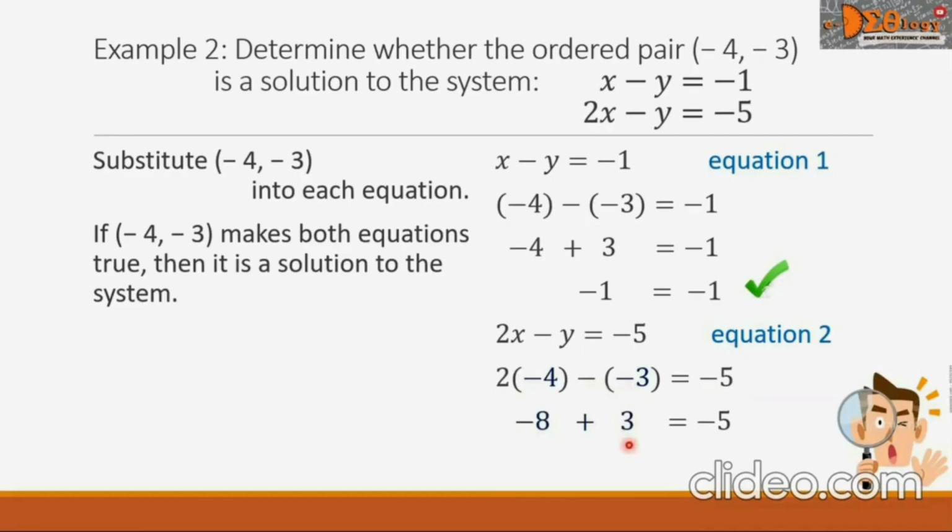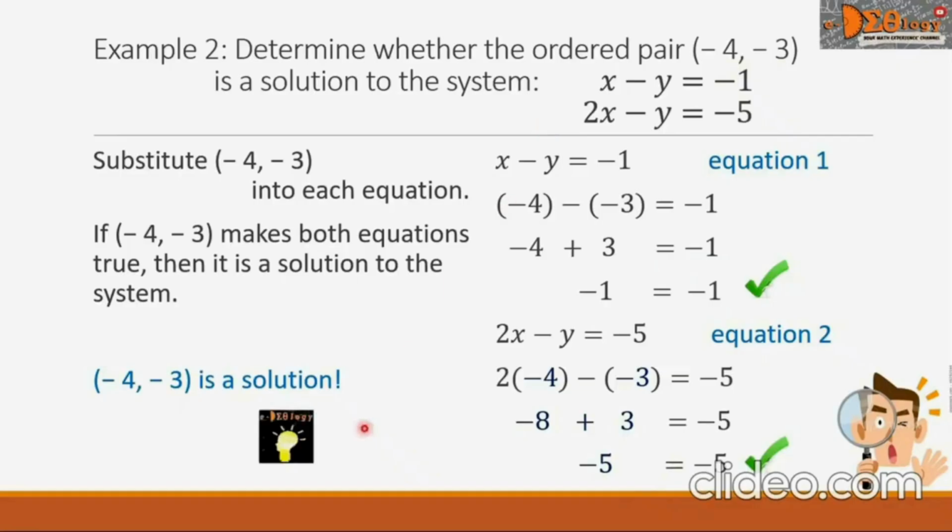So this is now positive 3 equals negative 5. Simplifying this, negative 8 plus 3, we have negative 5. And is now equal to our right side value, which is also negative 5. So this ordered pair (-4, -3) makes equation 2 true. It means to say the ordered pair (-4, -3) is a solution to the system of linear equations. This is our final answer.